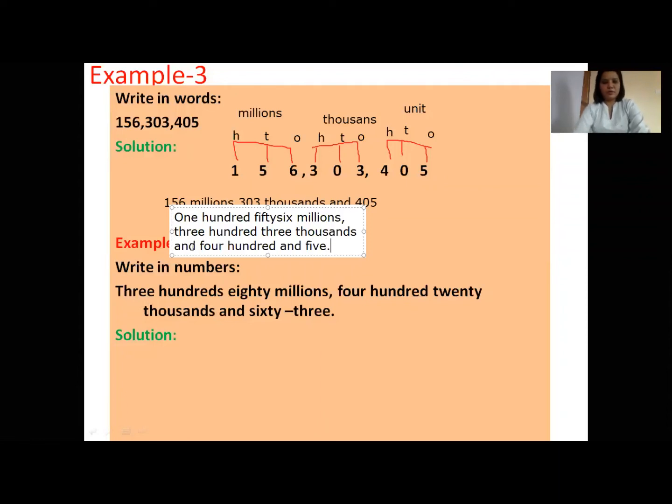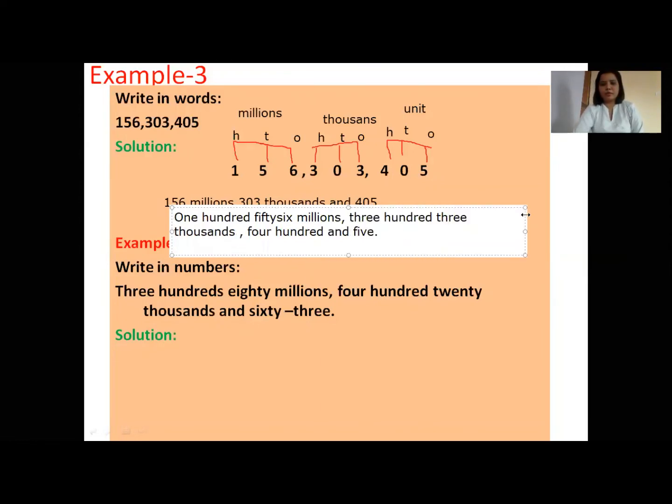So let me just correct this one. We are going to write comma here, comma 405. So we have written the number as 156 millions 303 thousands 405.